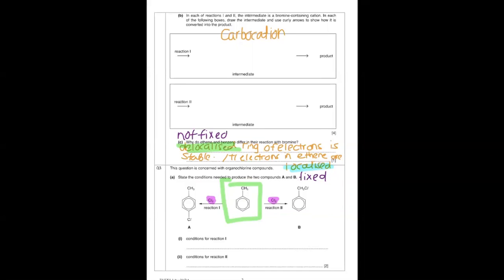Okay, so in the first route, the chlorine is attached to the ring. So the reaction is considered in the benzene ring, so you have to look at the reaction of benzene. We've already covered this recently.